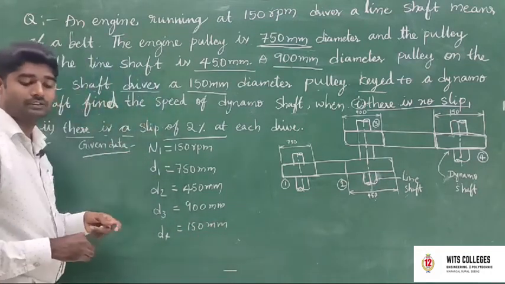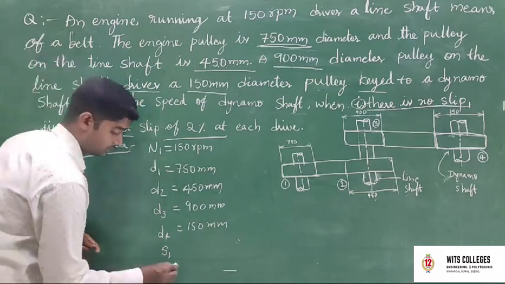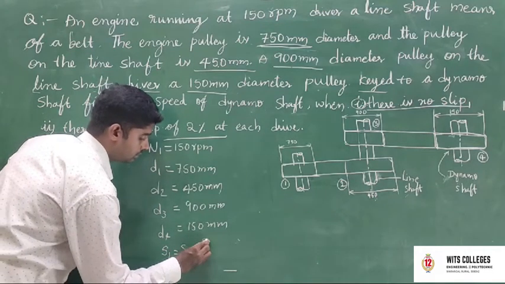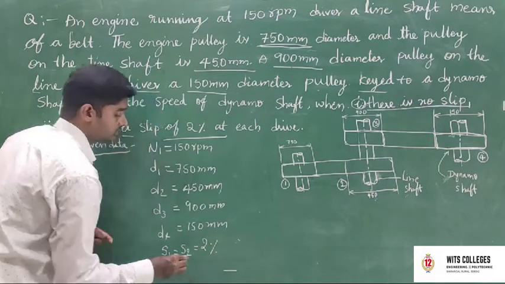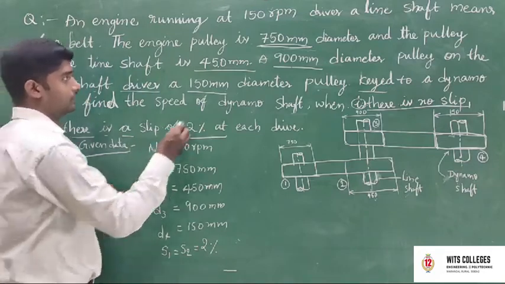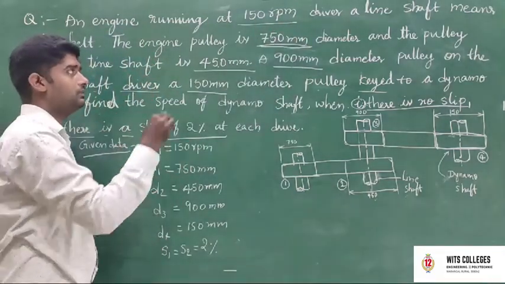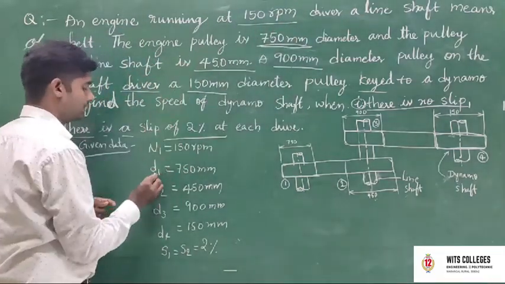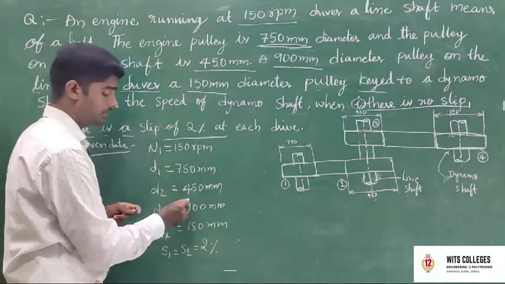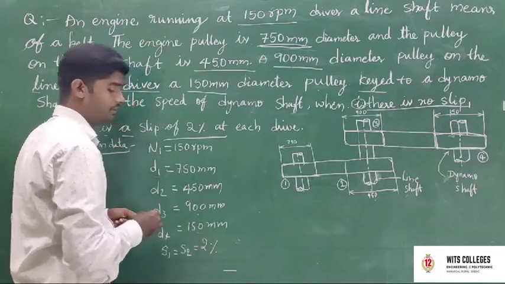Next given data is the slips. Slip 1 is equal to slip 2 is equal to 2%. Okay, this is the given data. One speed is given, 150 rpm, with D1 equal to 750, D2 450, D3 900, D4 150 mm.